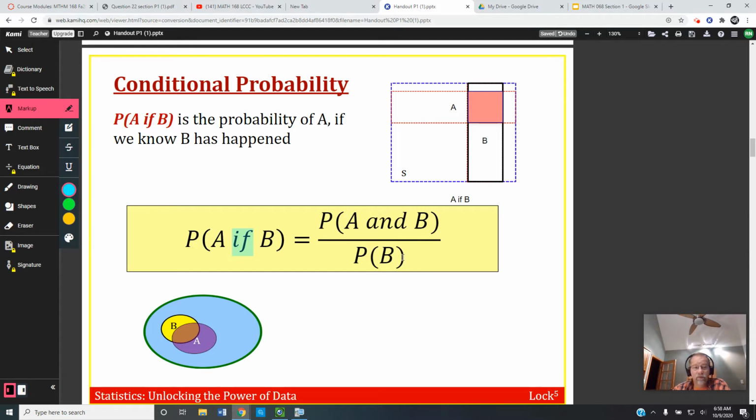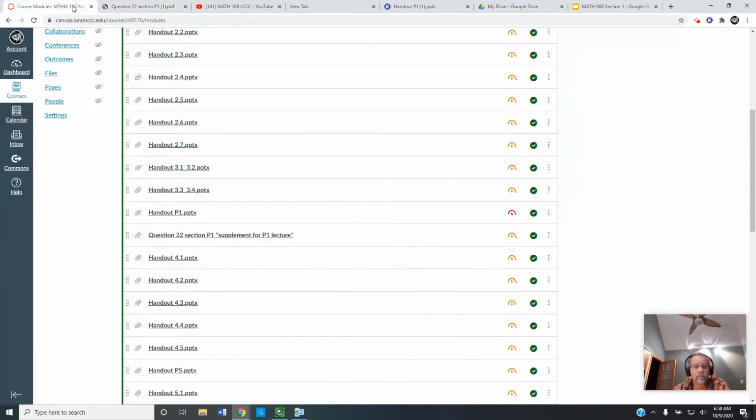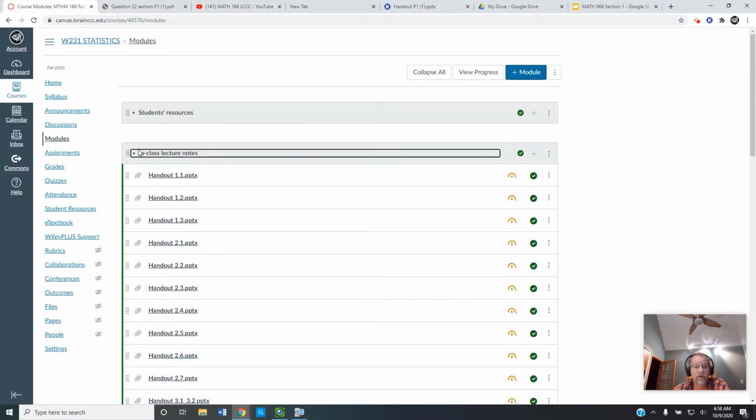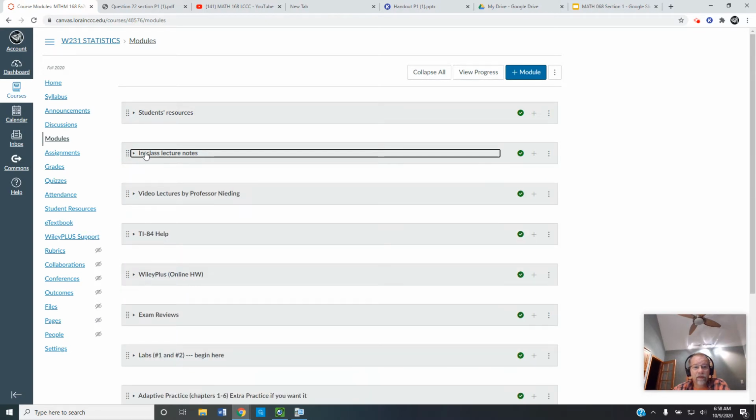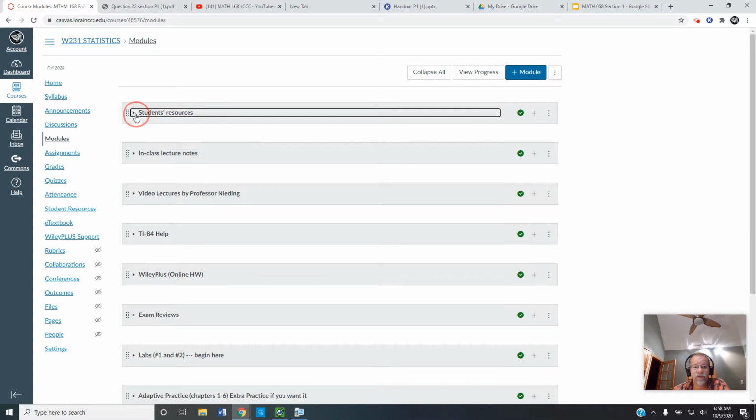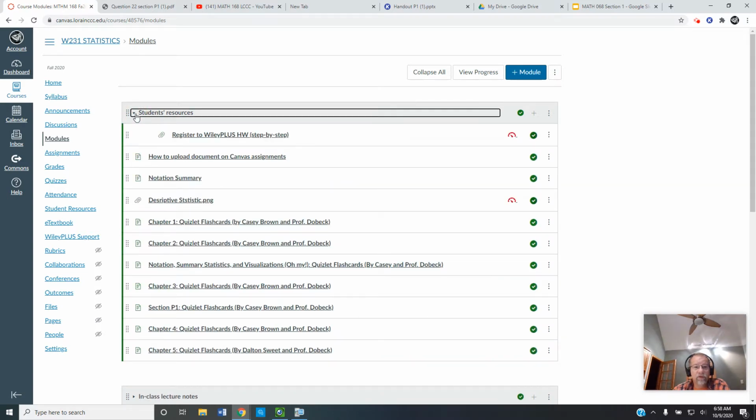Now, another good notation to make at this point is that back in your modules and your area of Hangout, I will post for you a student resource. It will actually be a set of values for you to print and keep.